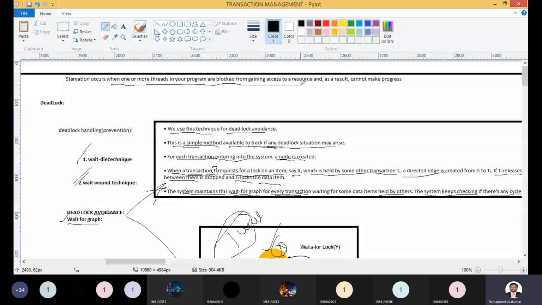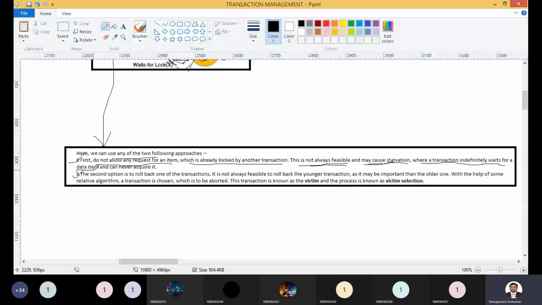What is the request for an item which is already locked by another transaction? If Tj has data item X and Ti is trying to request that item, then we should not allow Ti. So do not allow any request for an item which is already locked by another transaction.